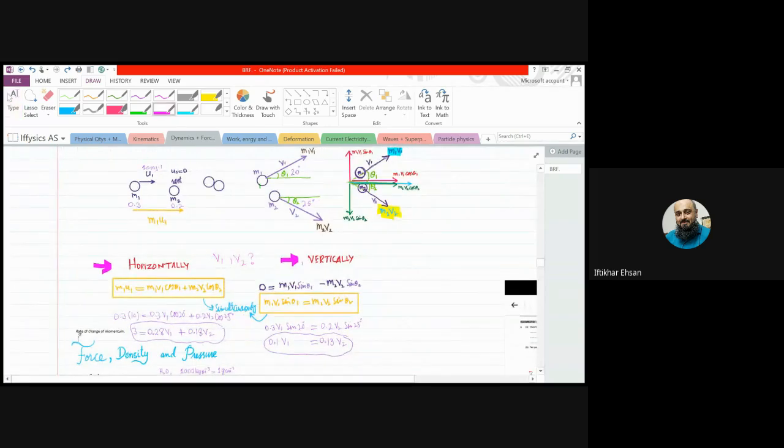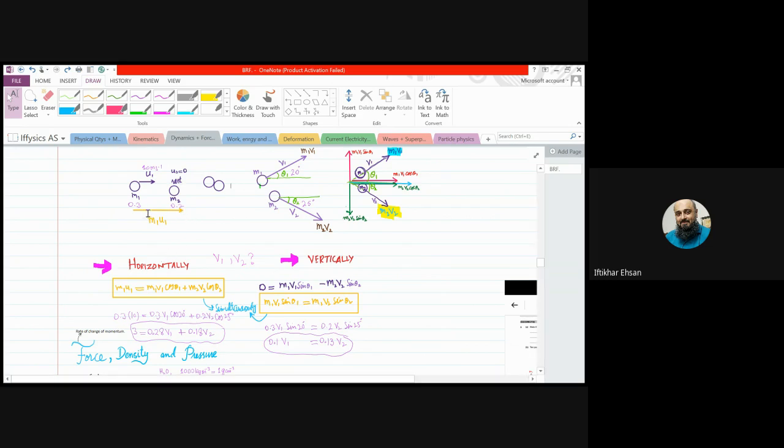Horizontal and vertical. We have to apply conservation of momentum in both. Horizontally first, we will see only horizontally. When we say conservation of momentum, the initial momentum should be equal to the final momentum. Looking horizontally, the initial horizontal momentum will be equal to the final horizontal momentum.